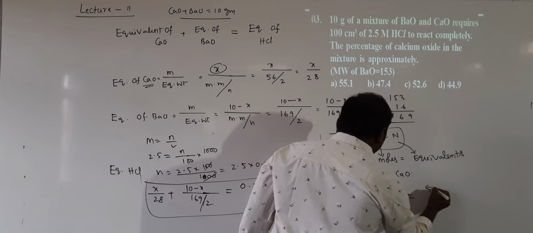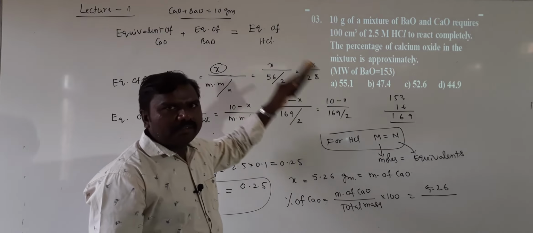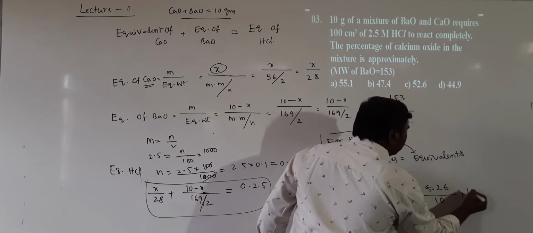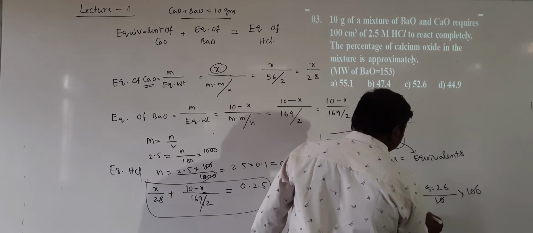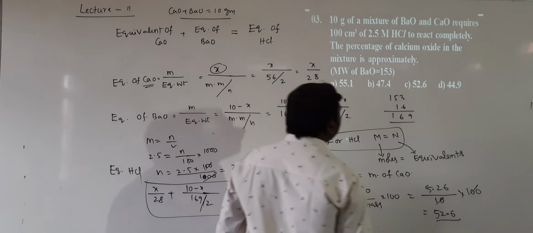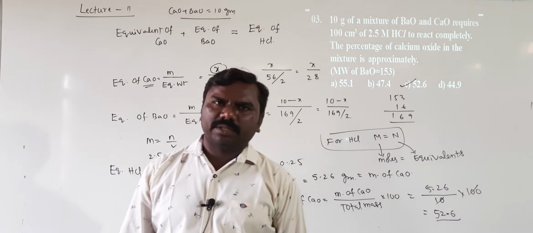Mass of CaO equals 5.26. CaO and BaO total mass equals 10 grams into 100. On solving this, you will get 10 times 52.6 is the right answer. Okay, option C is correct for this question.